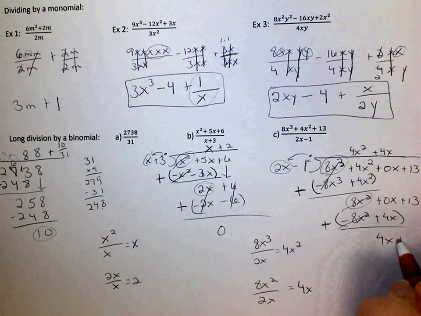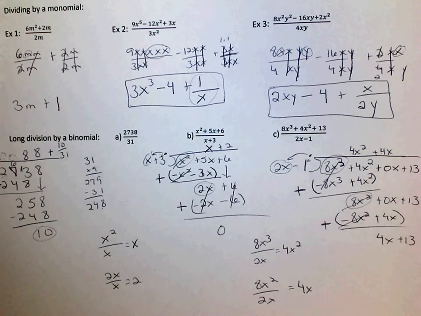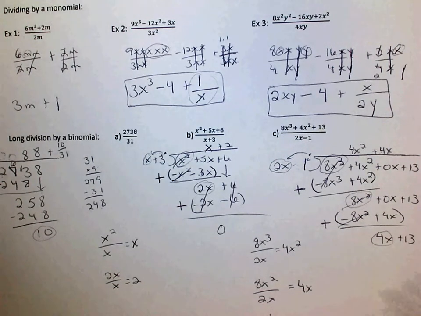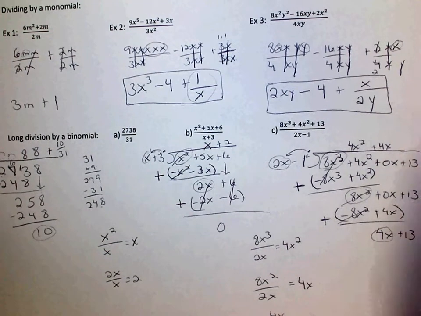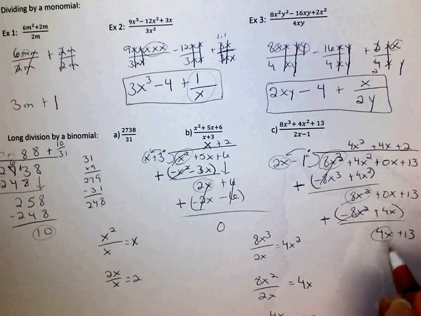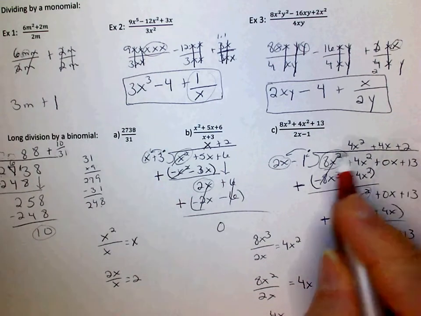As you can tell, we're going to get a leftover on this one. Now 4x divided by 2x is 2x. X divided by x goes away. So that leaves us just plus 2. So 2 times 2x is 4x, and 2 times negative 1 is negative 2.